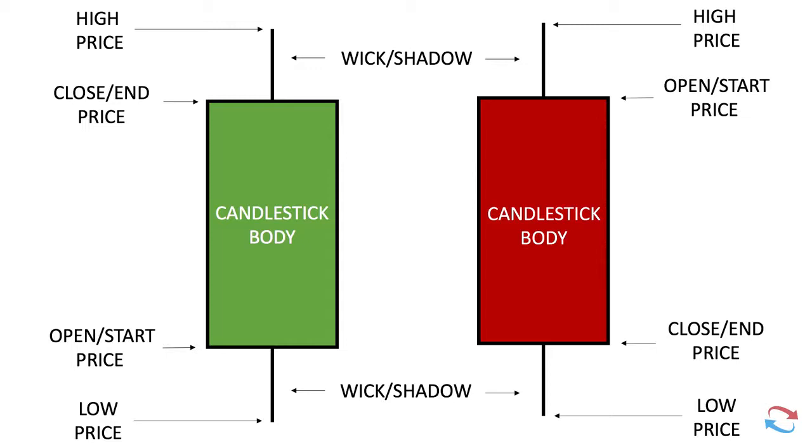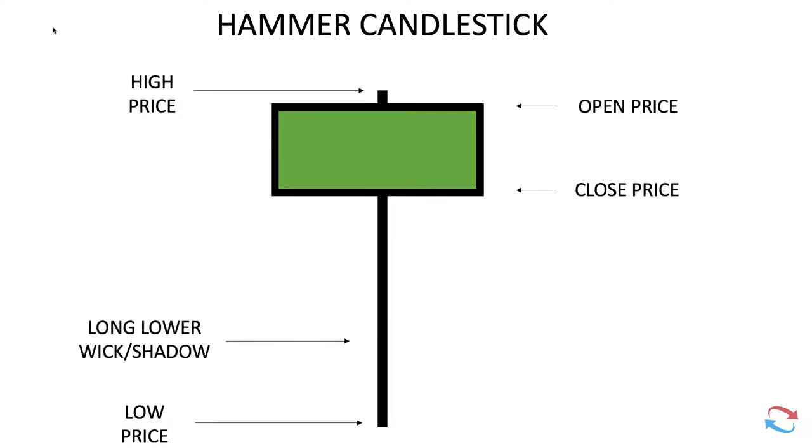So first is what traders call a hammer candle, or a popular name for it is the pin bar candlestick. Just like everything else, you've got the high, low, and open and close prices. This is what the hammer candle looks like, and it's because it's got a long wick to the downside, which looks like the handle, and the body is the bit on the top.